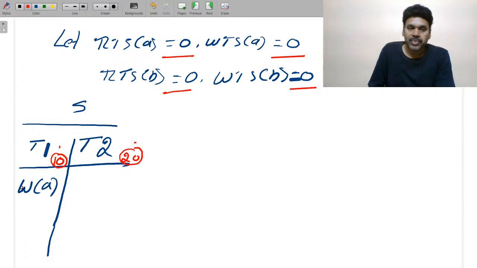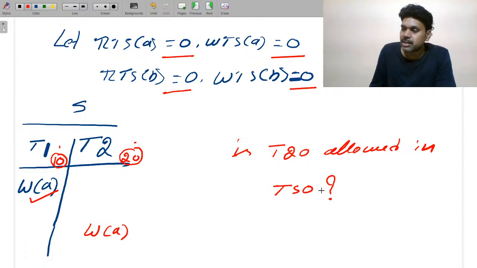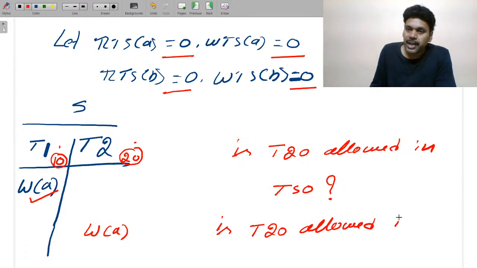Now you see W of A is granted, right? Now you tell me, W of A, is T20 allowed? Is T20 allowed in timestamp ordering? Please all of you.